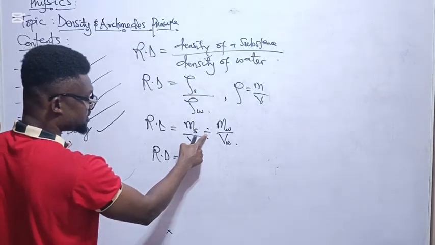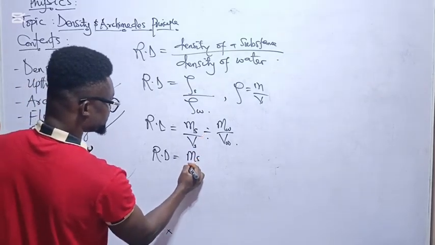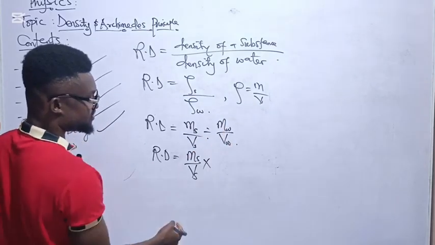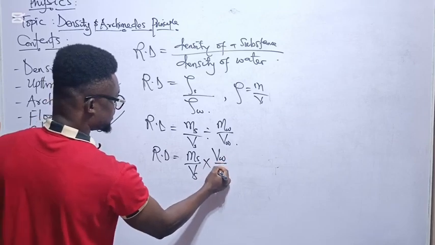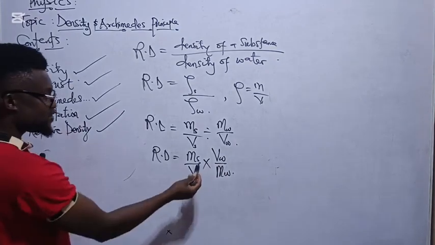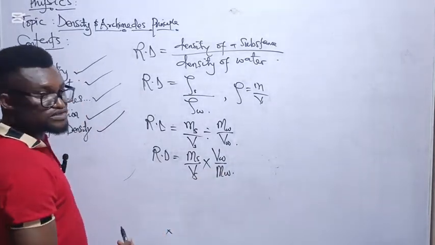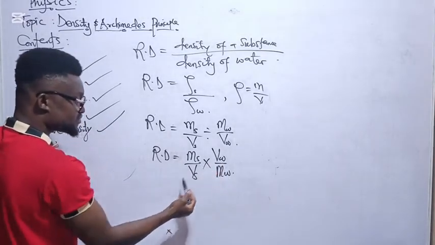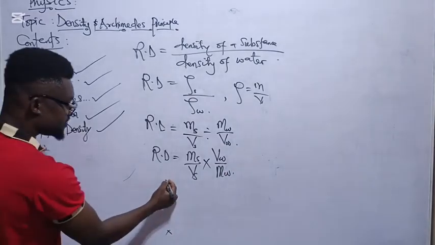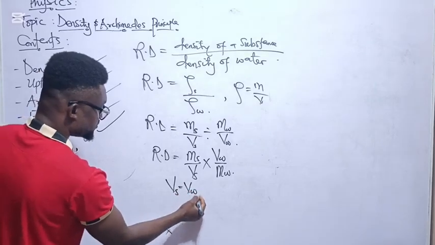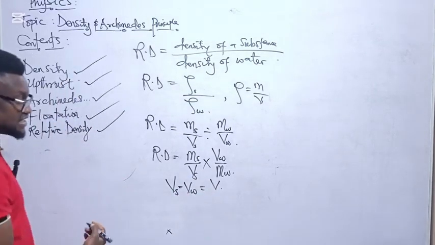If you change this whole multiplication, we have mass of the substance over volume of the substance times, this will now reverse, as volume of water over mass of water. Now, let's take a case where the volume of water is equal to the volume of the substance. If the substance has a volume equal to that of water, that means Vs being equal to Vw, let's take it as V, they are now equal.